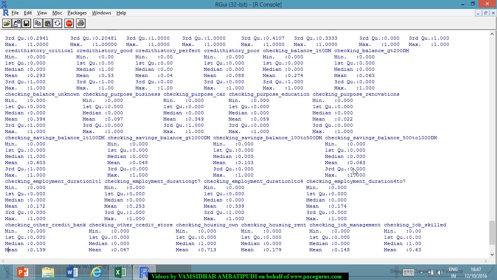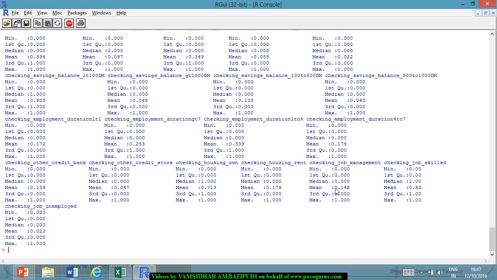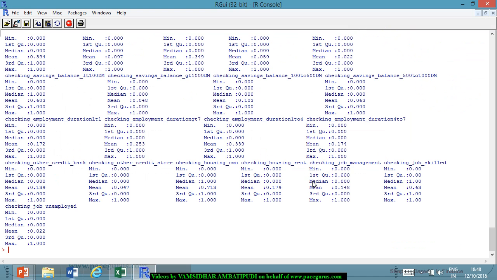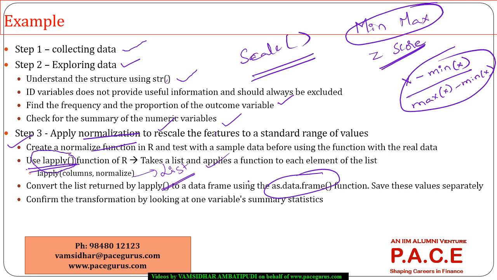So we have scaled the data such that all the variables lie between 0 and 1, and size really does not matter here. While building the k nearest neighbors algorithm, the size of the data does not matter because all the variables have been converted into a 0 to 1 interval.